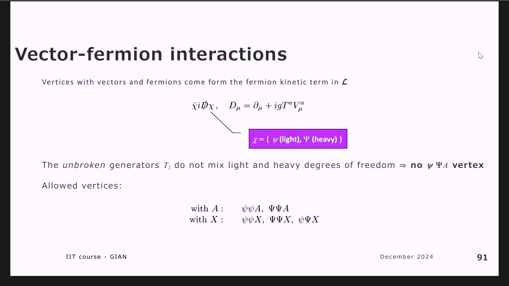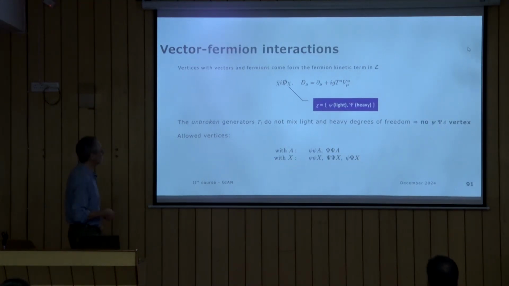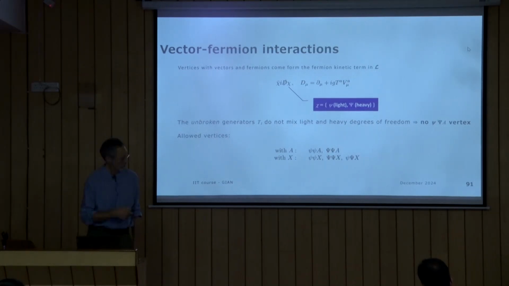And then I have a property of group theory in spontaneously broken gauge theories. That is, the group generators are associated with either light guys or heavy guys, and the ones for the light guys I will call the unbroken generators, and these just do not mix representations with different mass.